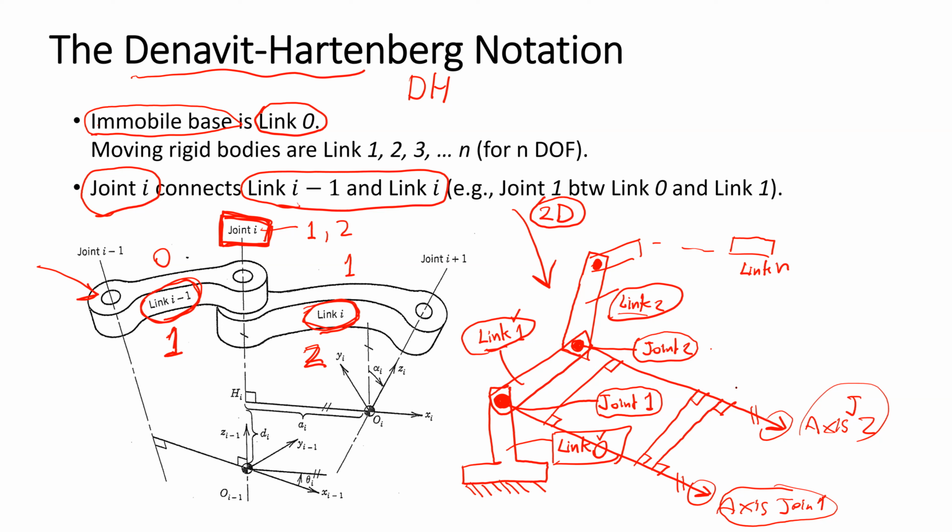But what is the length of the line? If the direction from here to here is L1, the link length will equal L1 if you have parallel axes.